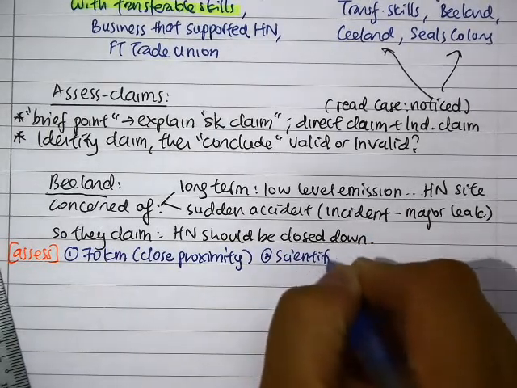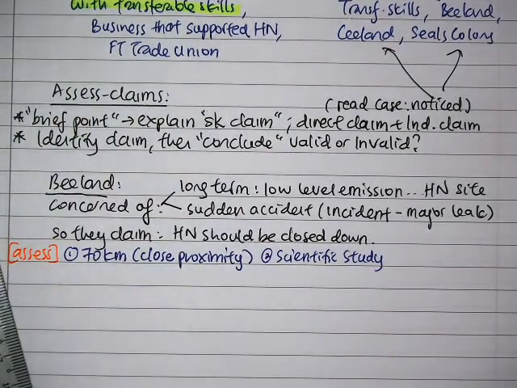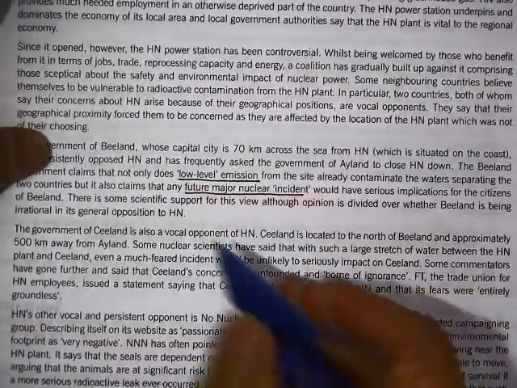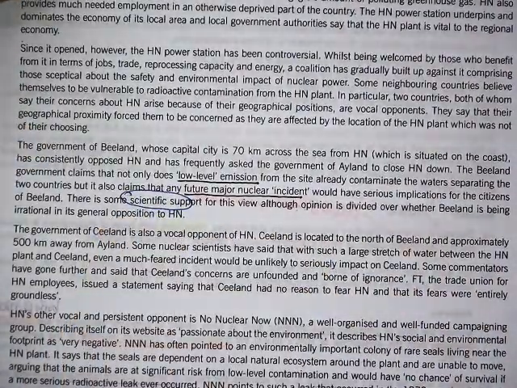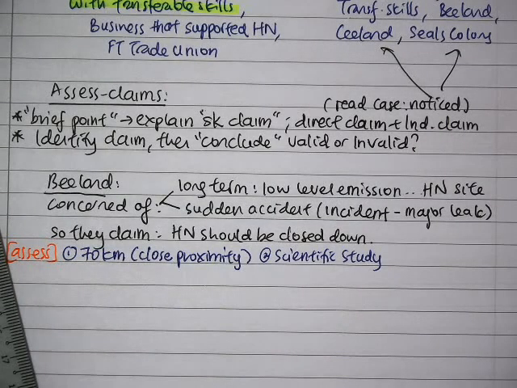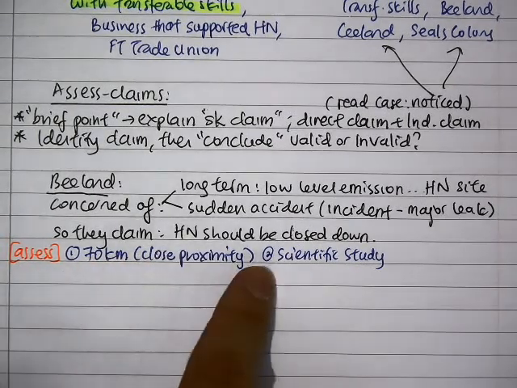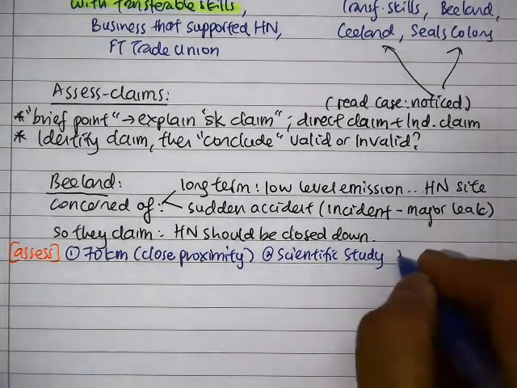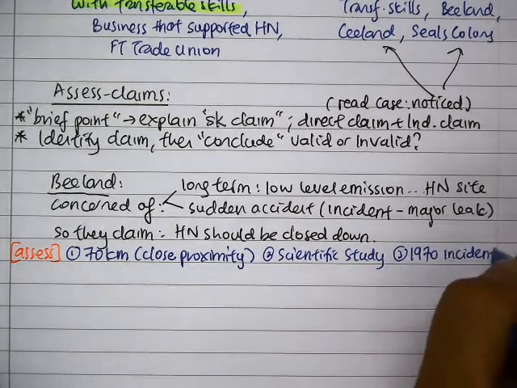So when I actually assess, the thing that we can assess to support their claim include, number one, 70 kilometer close proximity. Okay? Anything else that can make them complain or protest louder?